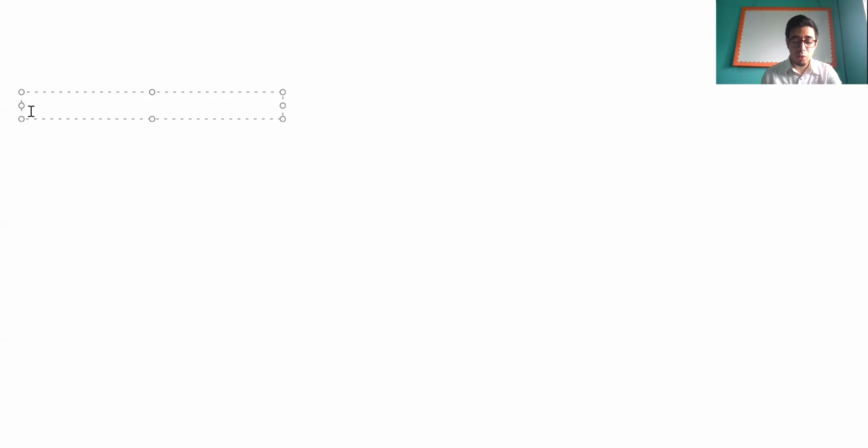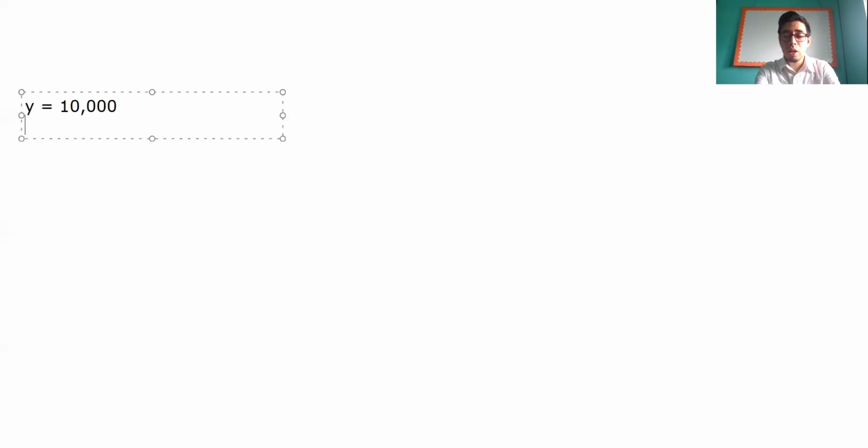So look at the diagram. The total amount of water to be pumped is 10,000 gallons. This is the total you need. So the total of the water is going to represent y. Okay, all the water you have is y. So I have 10,000. Now, what is the slope in this case?